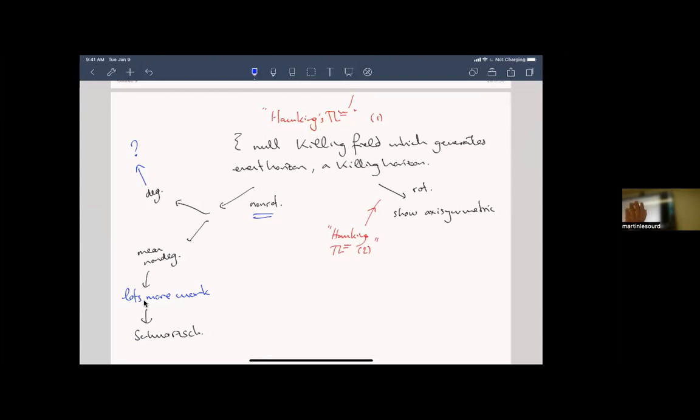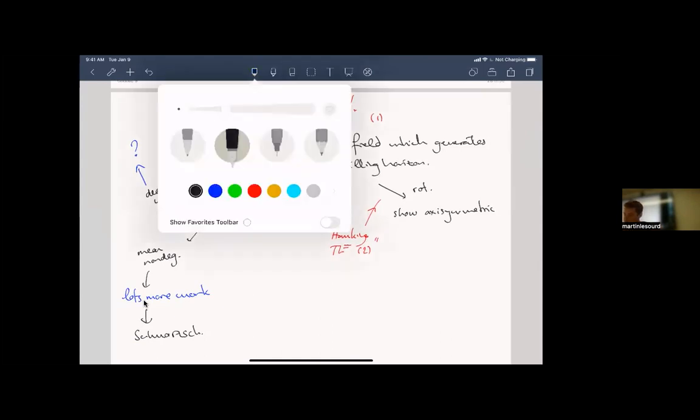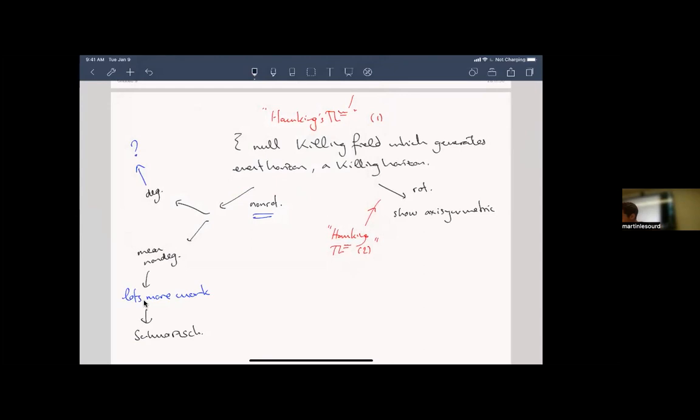And then once you have axisymmetry, you can go back to the theorems I showed you before in lecture 2, that if you're stationary and axisymmetric, smooth, then it's Kerr. So then you finish by lecture 2, because once you know it's axisymmetric and stationary.